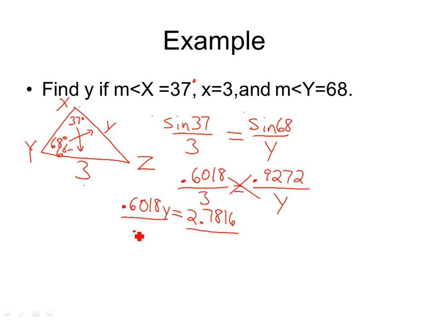Divide both sides by 0.6018. Then use your calculator, and we end up with y equals, and this time we'll round it off, 4.6. So the length of this side right here of that triangle has to be 4.6. So you're just setting up that proportion each time.